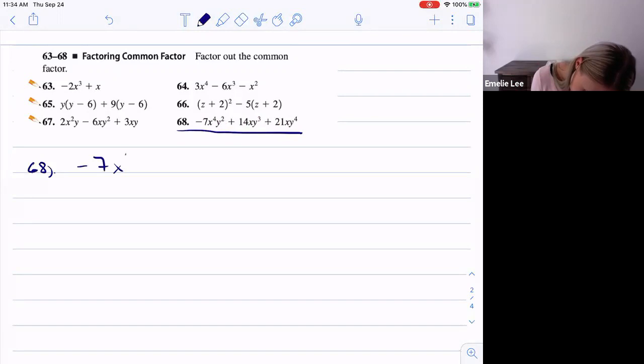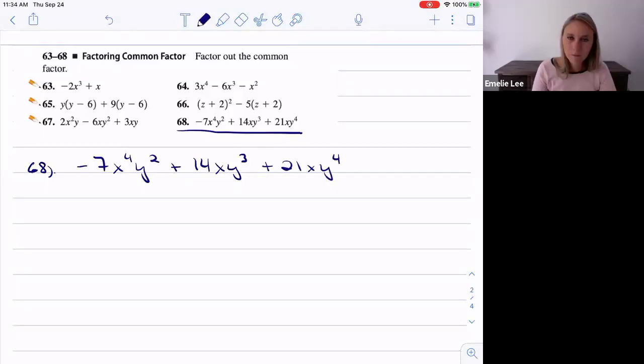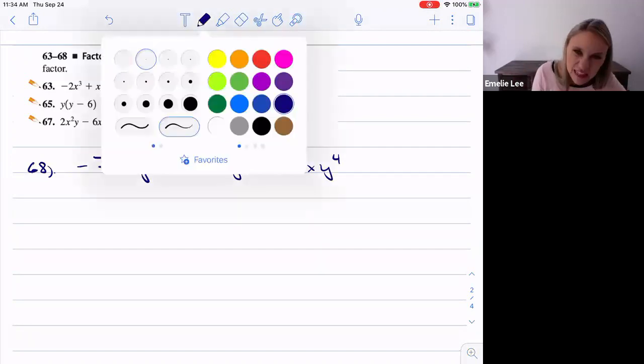Negative 7x to the fourth y squared plus 14x y to the 3 plus 21x y to the fourth. So to find the common factor, it's just going to be the lowest multiple of each thing: coefficients, x's, y's.